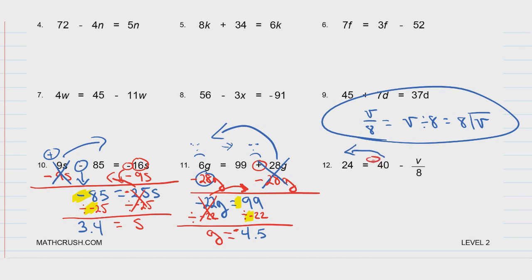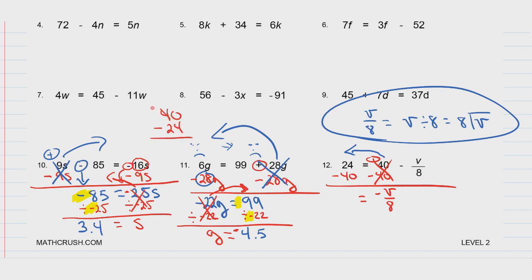And since there's no sign here, you know that's positive, so we're going to do a minus 40, the opposite operation, to both sides. 40 minus 40 is 0. It's gone. Over here, well, let's stay on the side first. And then we have a minus v over 8 equals 24 minus 40. We just rewrite it so the bigger number's on top. 40 minus 24.